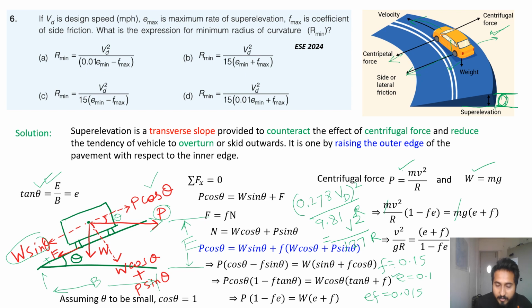So we are safe if we neglect the ef. So we get our equation in the form v square by 127r equals e plus f.